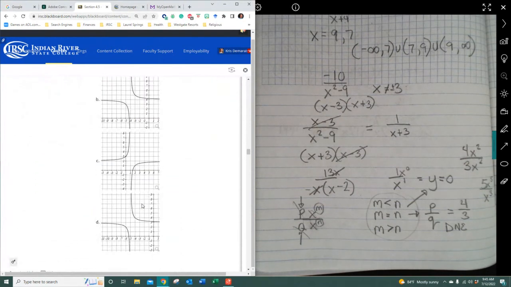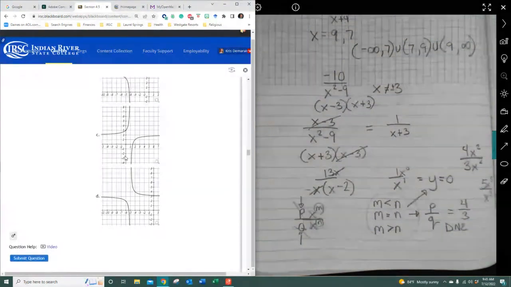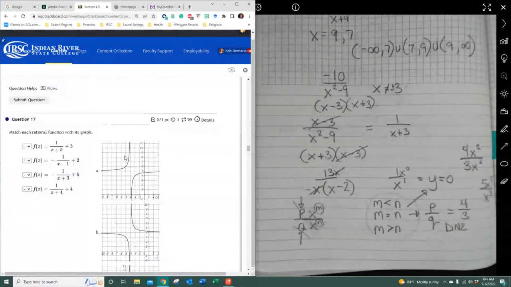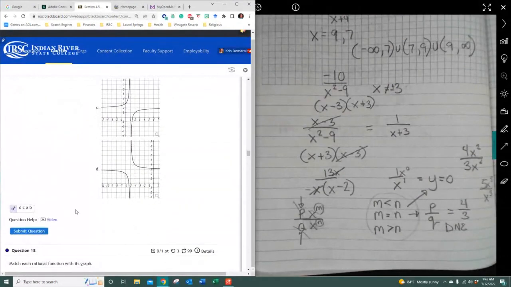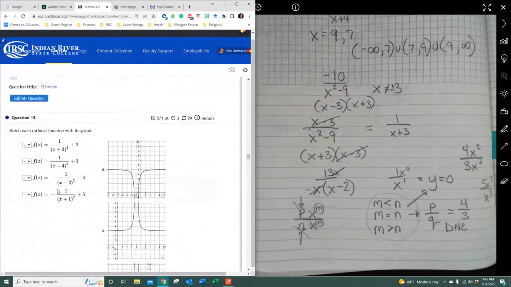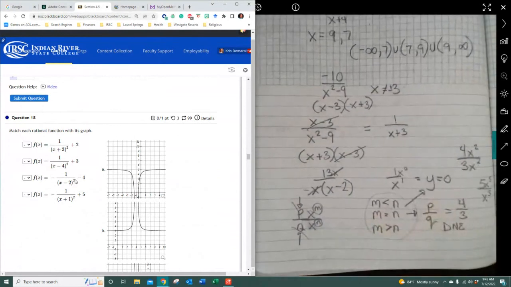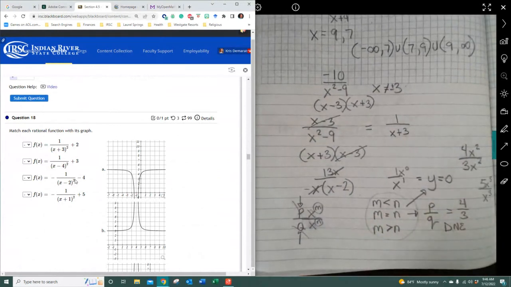So you can match that up to what you're expected. That's not that complicated, and the same thing goes for this. You have to remember the basic constructs of how things are reflected over the x-axis, moved up and down, and then moved left and right.